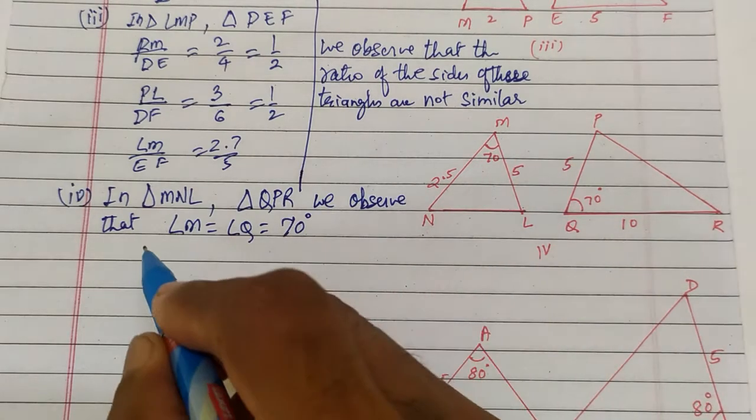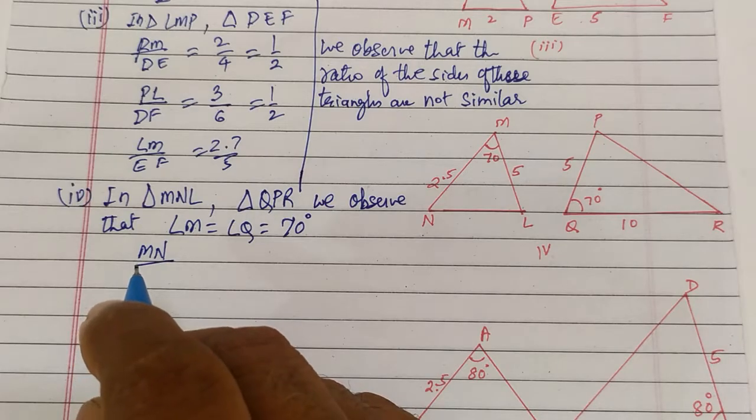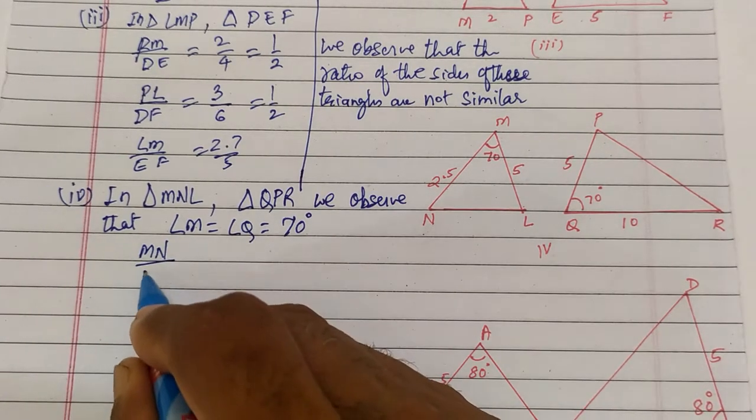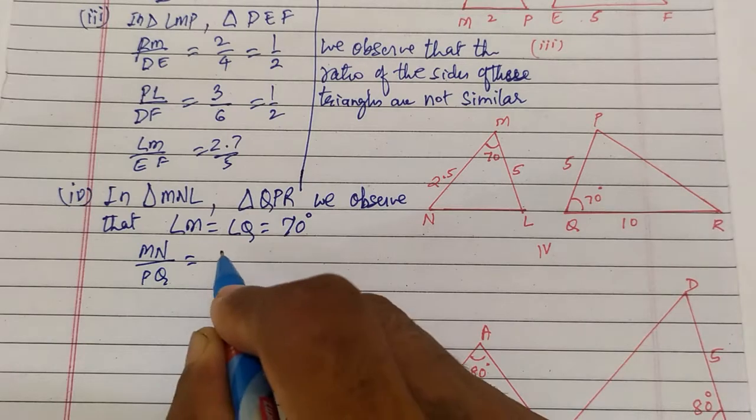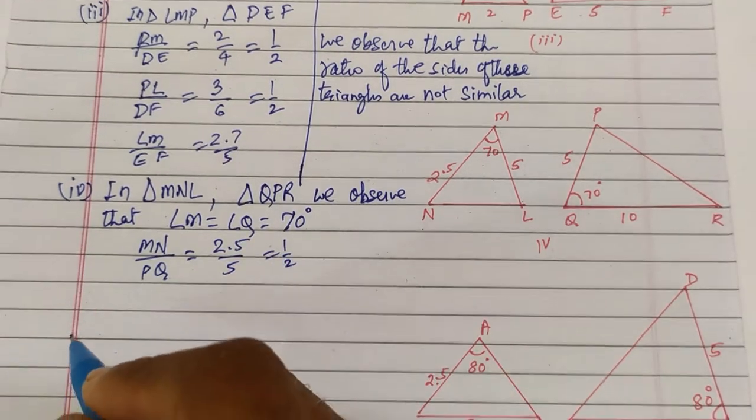Then MN upon PQ is how much? 2.5 upon 5 is 1 upon 2.